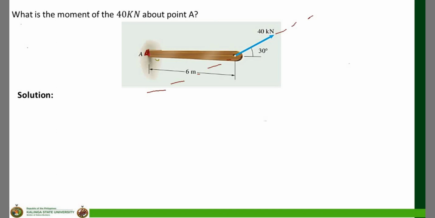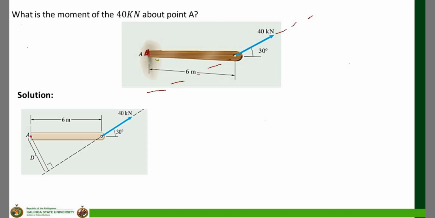Let's draw the line of action of the force and point A in the picture. As you can see in the diagram, this distance D is the perpendicular distance from point A to the line of action of the 40 kilonewtons.